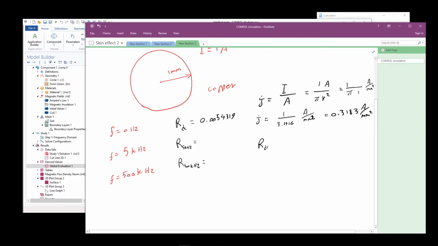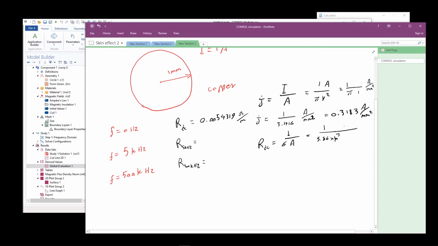Of course, in this case, we could also calculate the resistance because it's a DC situation. So RDC is actually equal to L divided by sigma A. So L, this one is basically ohm per meter. So this resistance is ohm per meter. So L is 1 meter in this case we consider. So sigma is 5.86 multiplied 10 power 7.